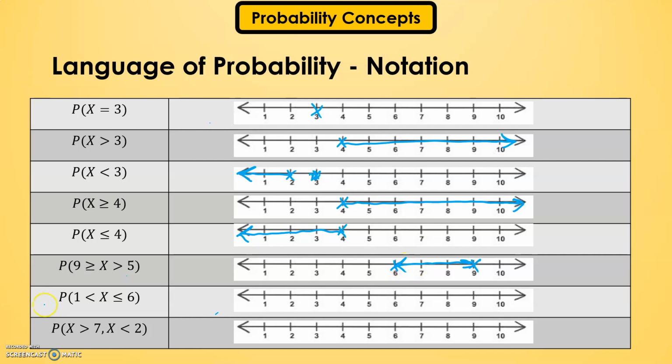The next one, P, is greater than 1, so it starts at 2, and then all the way up and equal to 6. And the last one's a little bit interesting, is that it's greater than 7, so it's 8, and it's less than 1, so it's those values there.